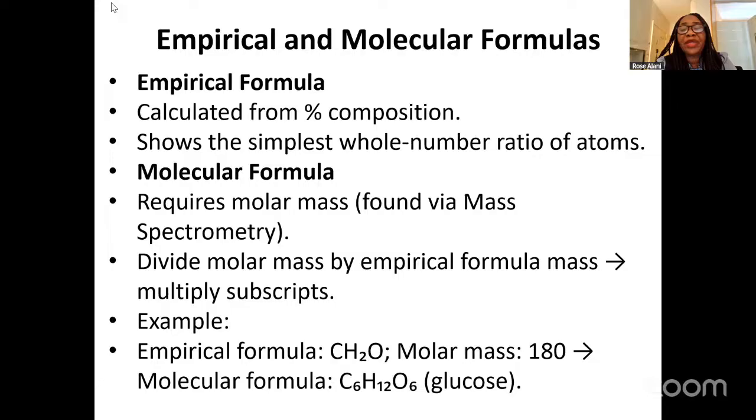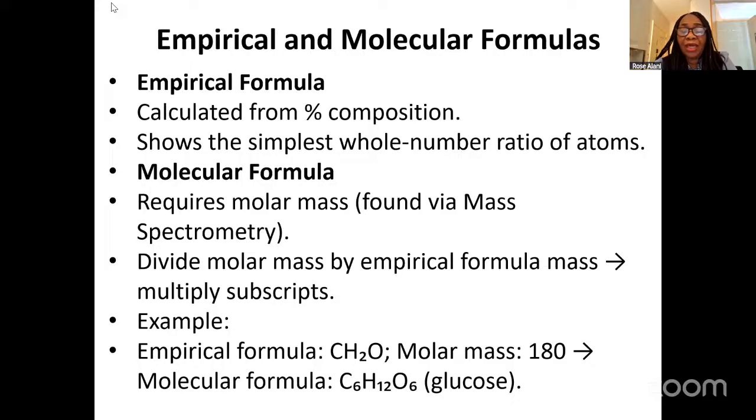It shows the simplest whole number ratio of your atoms, while the molecular formula requires molar mass that is obtained via mass spectrometry. So you divide your molar mass by your empirical formula mass, and then you multiply the subscripts.